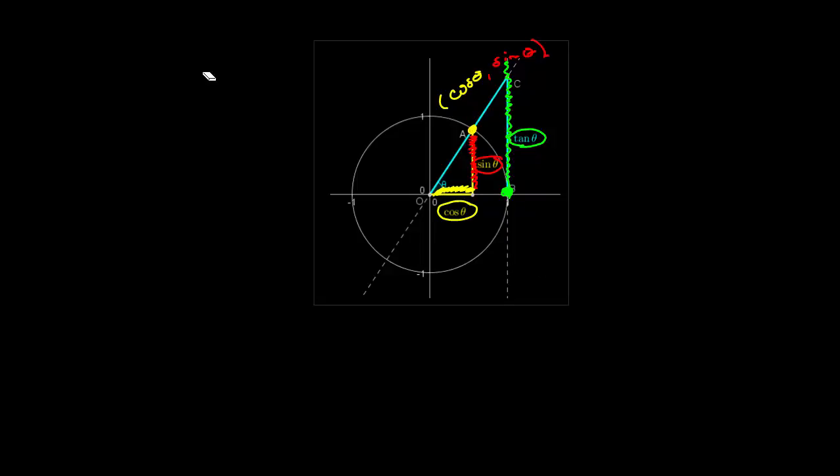But if you see this green length up here at the top, the length from here down to here, that length is the tangent of the angle. So the tangent goes from here down to here.